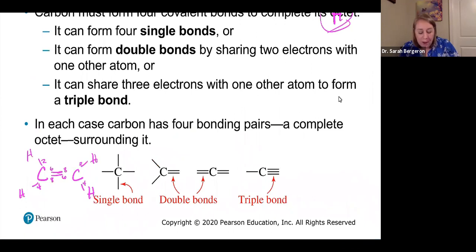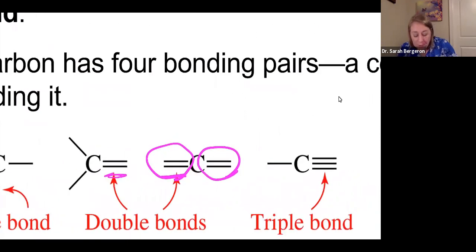The other thing that can happen is instead of having a double bond and 2 singles, what you could actually end up having are just 2 double bonds. So a double bond on this side and a double bond on this side. Each line counts for 2 electrons. So that's 2, 4, 6, 8. We got a complete octet.